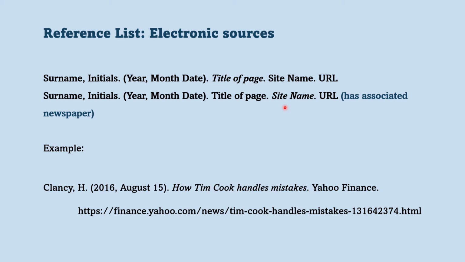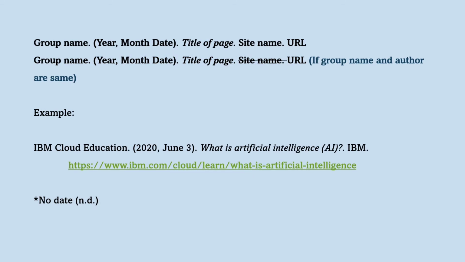If not, we should only make the title of page italic. If the author of the electronic source is a group or an organization, we should include their name, year, month and date, title of page in italics, site name and URL. Site name is not needed if the group name and author are the same.